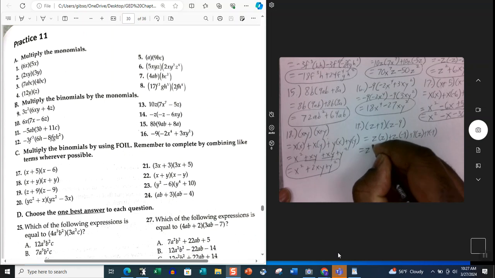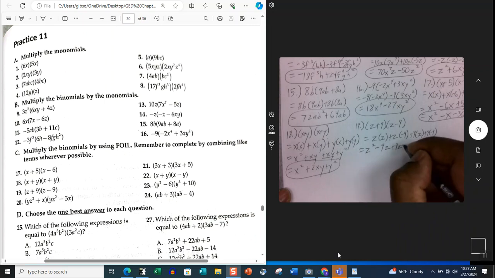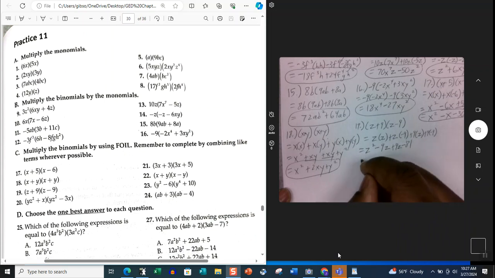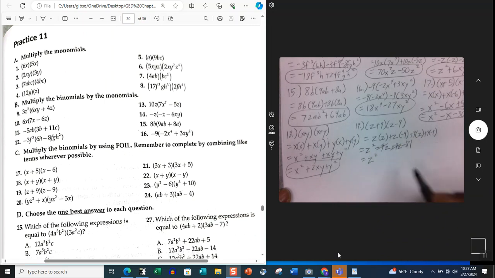So this will give us z squared minus 9z plus 9z minus 81. So we have z squared. The negative 9z and 9z will simplify out to 0. And we'll bring down our minus 81. So that took care of problem 19.